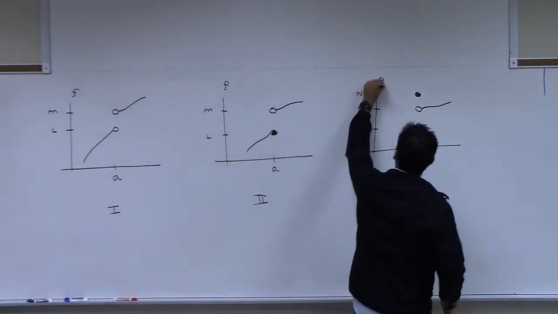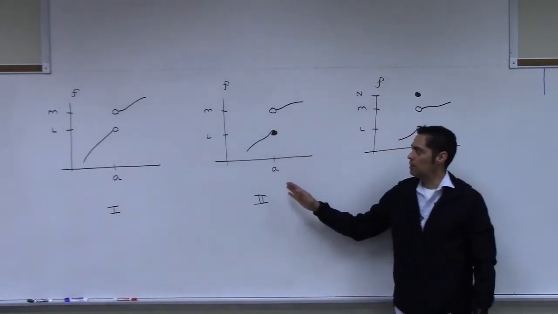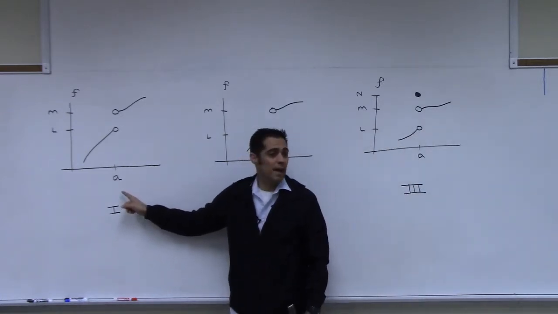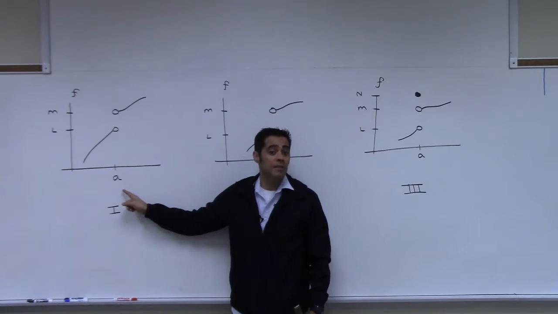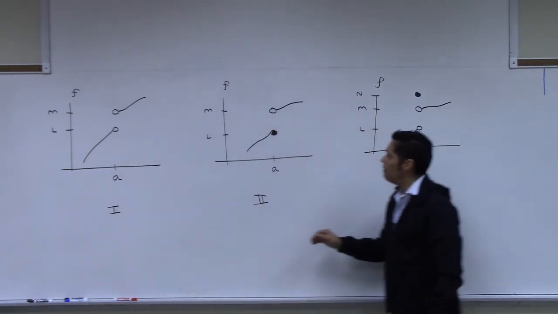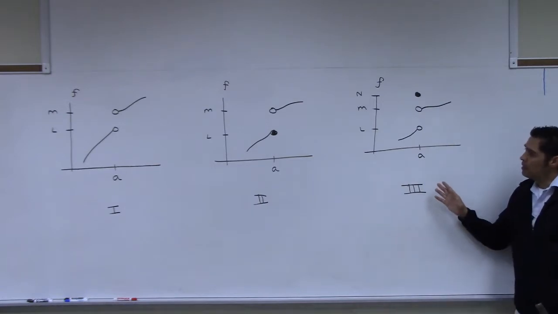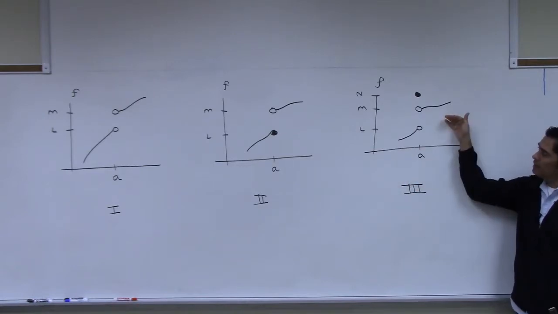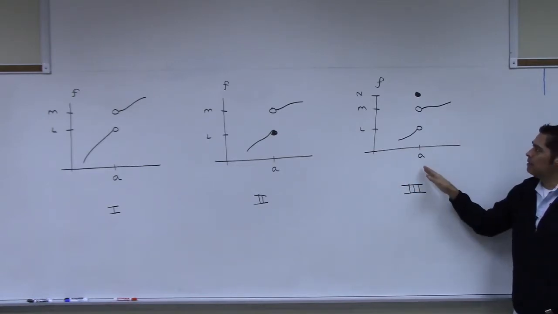What is the function's value at A here? L. Now, I didn't ask you that here. What's the function's value at A here? Undefined, right? Because there's holes. Now, for this one, does the limit exist? No? Limit from the left? L. From the right? M. What's f of A? N.